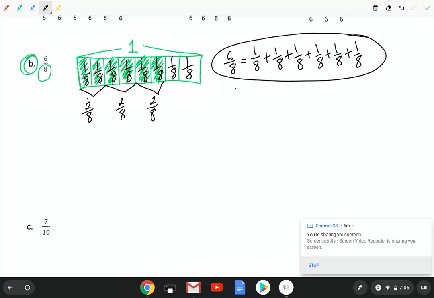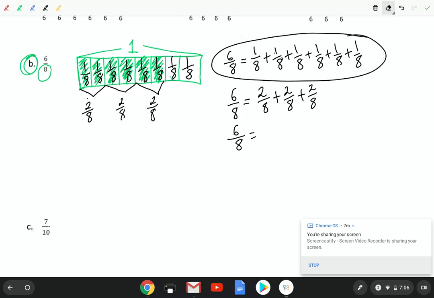So that would be another decomposition that we can show in here. 6/8 equals 2/8 plus 2/8 plus 2/8. And isn't 2 plus 2 plus 2 6? And then, of course, these are 8s. So that would be another way. It wants 2 more ways, so I need 1 more.